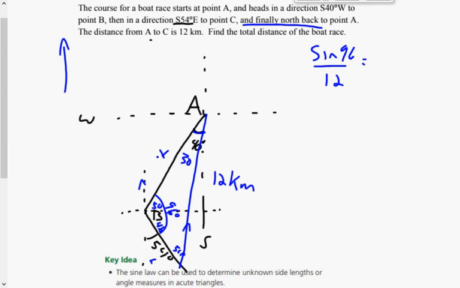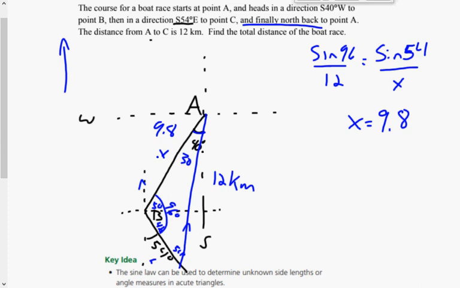I can now find my two other sides using sine law quite quickly. So let's start with sine 54 over x. Try this one on your own. I'll write down the answer here so you guys can see it. The first one's 9.8.